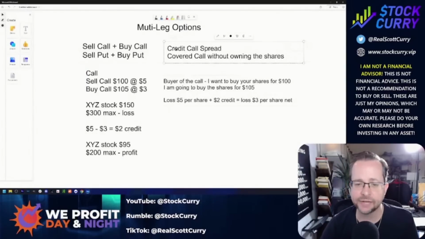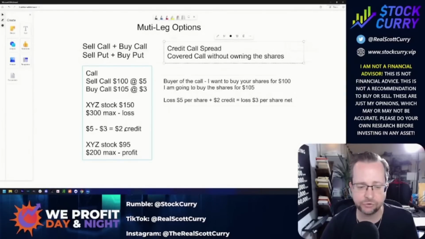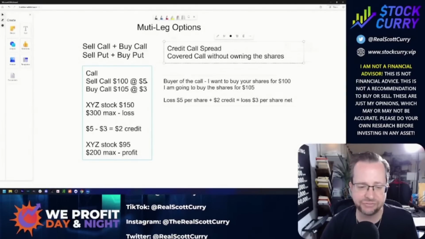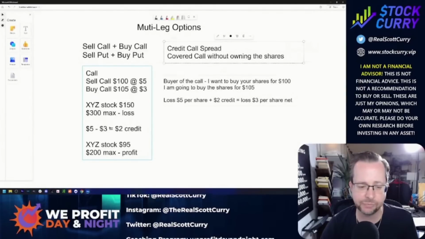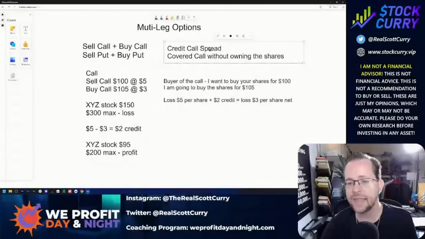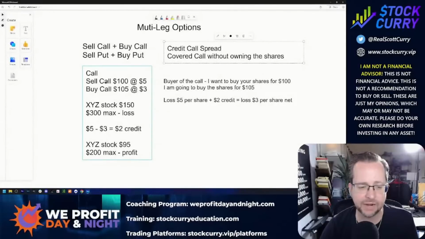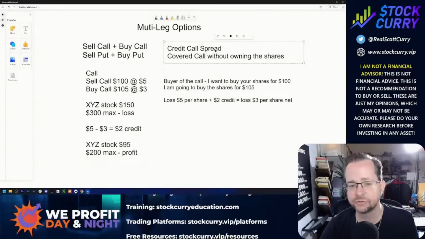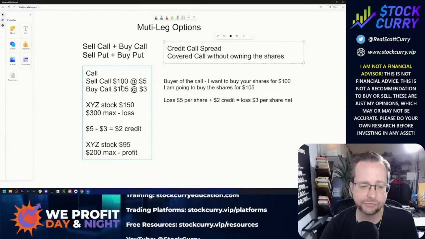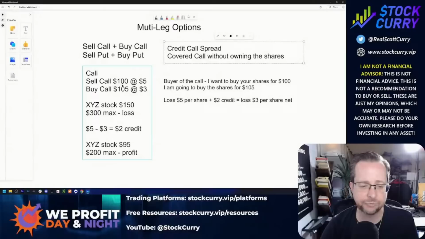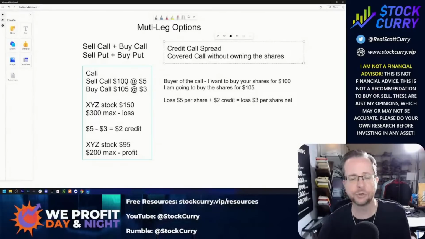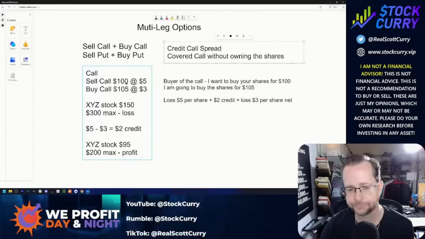It's called a credit because I received a $2 credit: I received 5 and I paid 3. It's called a call because I did this with call options. I bought and sold a call. And it's called a spread because there's a $5 spread between the option that I sold and the option that I bought.